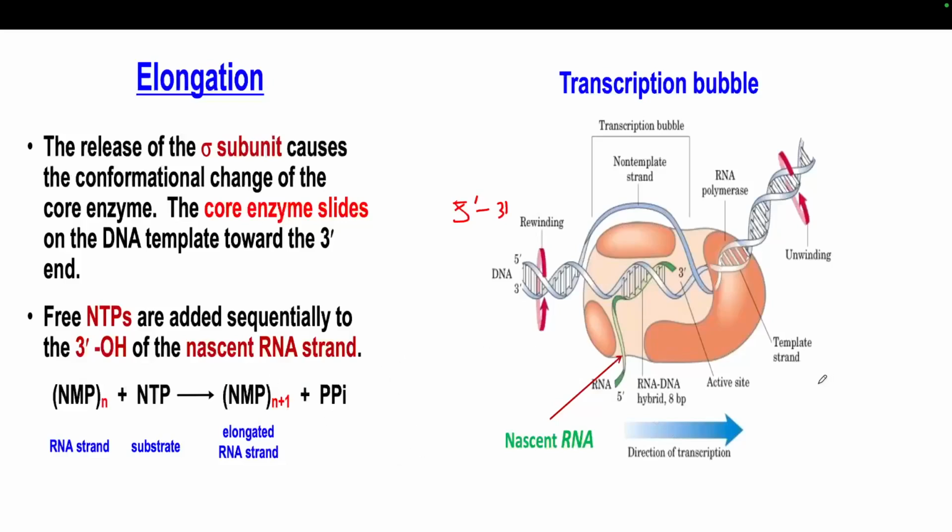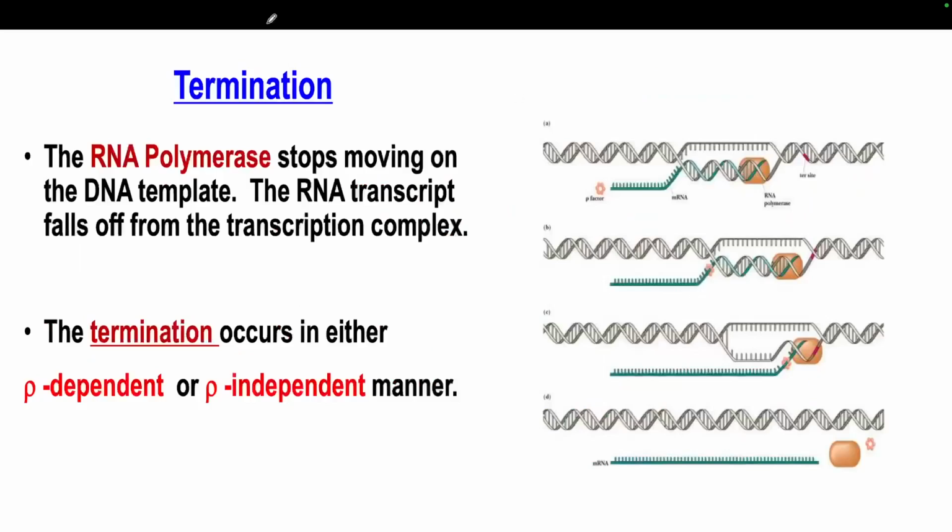Then the last step is the termination step. In the termination step, in the case of bacteria, there are two kinds of termination: one is rho dependent, another is rho independent. In rho dependent termination, firstly the rho factor will go and bind to the rut site on the RNA sequence.